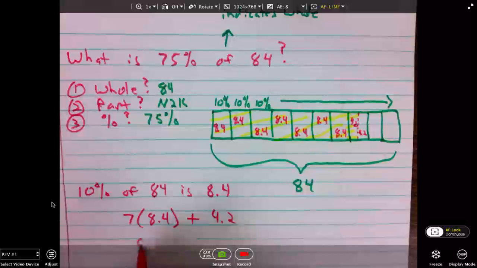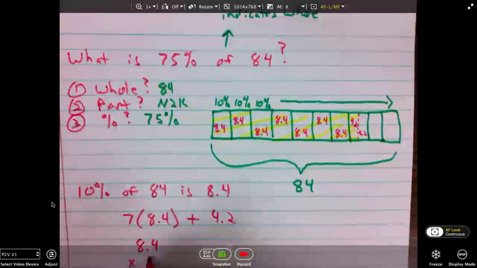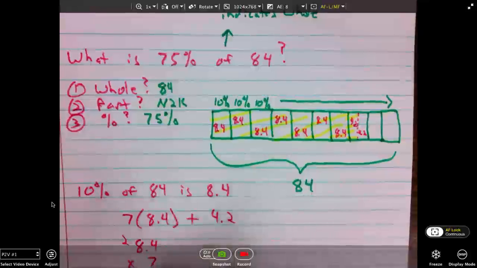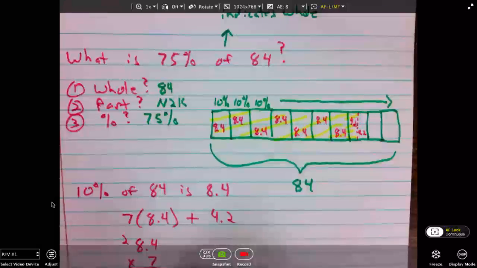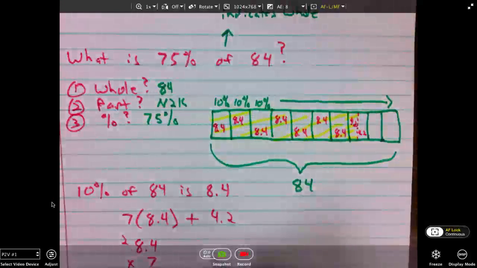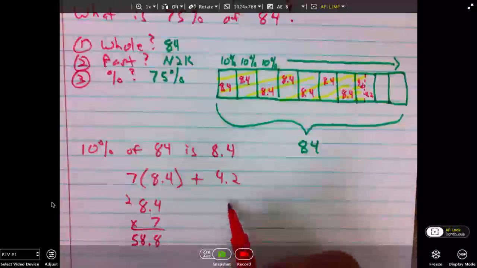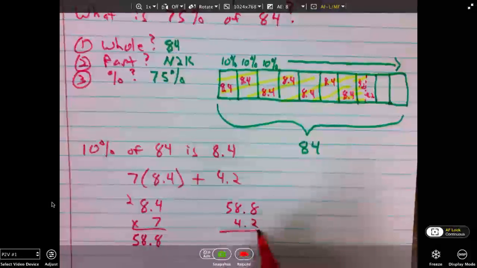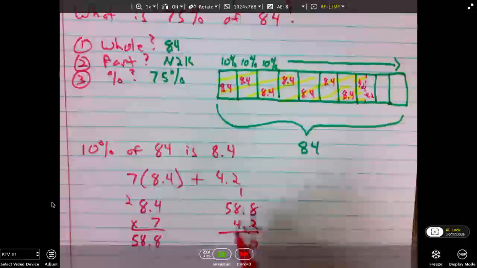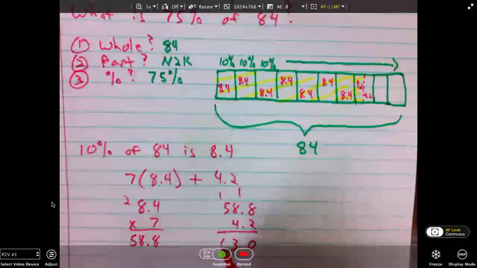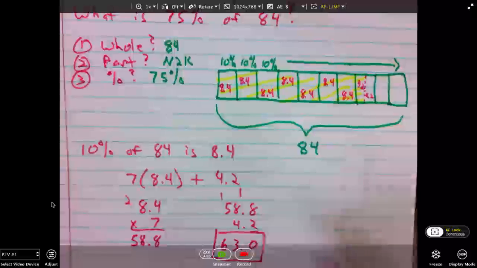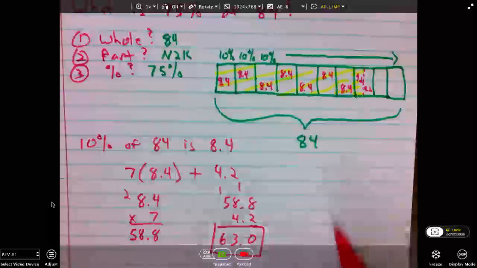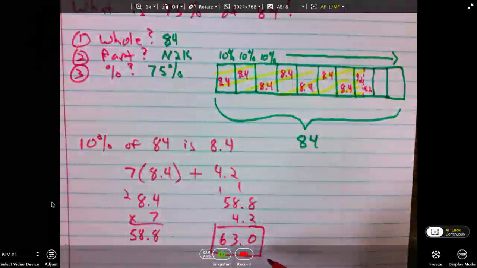So 8.4 times 7, 28, carry my 2, 56, 58. It's 58.8 plus 4.2. 0, carry my 1, 12, 13, carry my 1 is 63. 75% of 84 is 63.